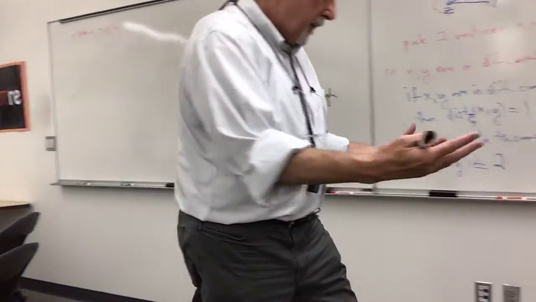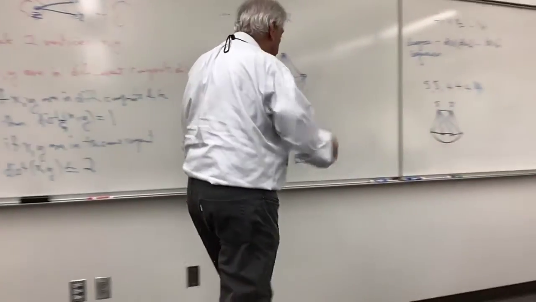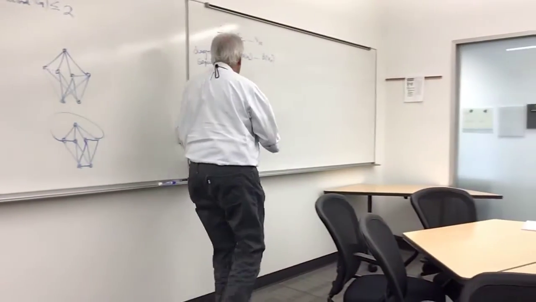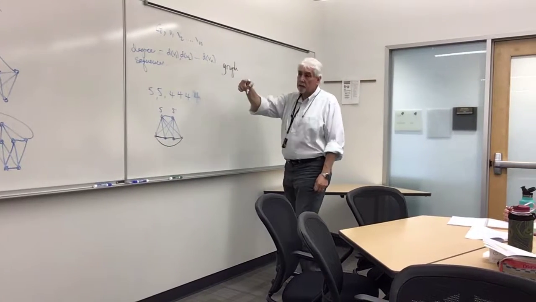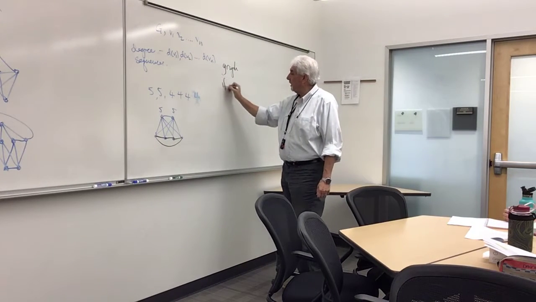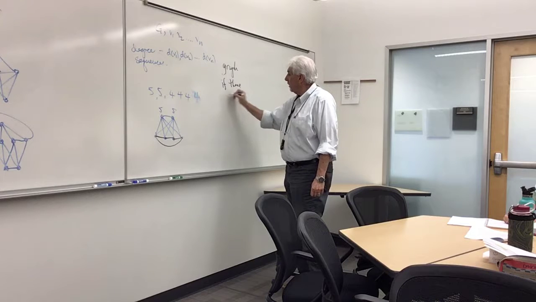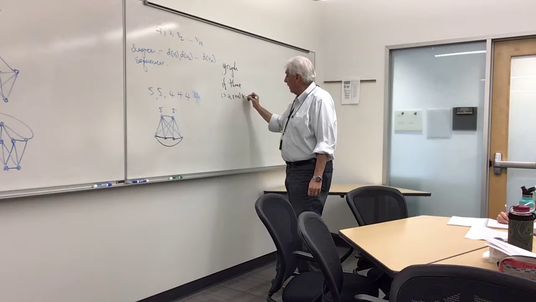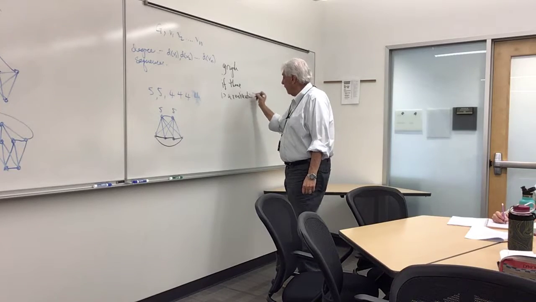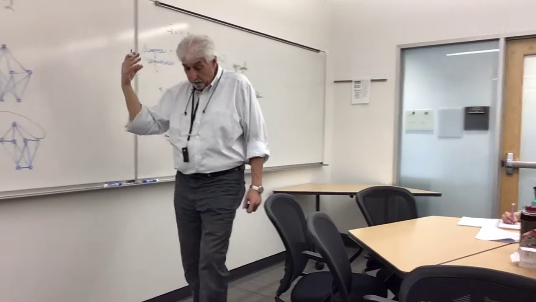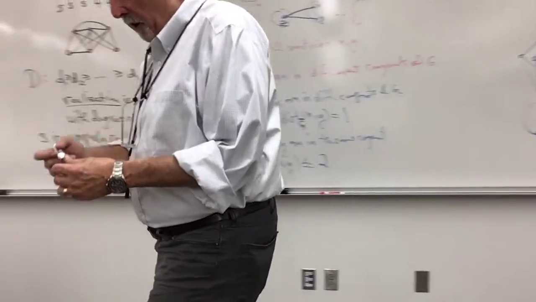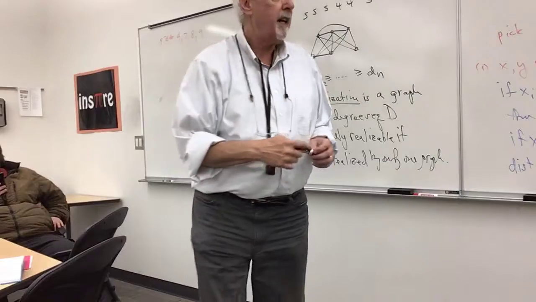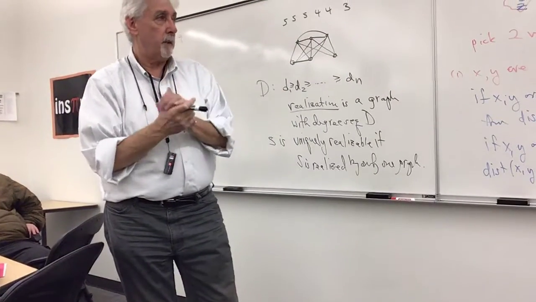Now we talk about a degree sequence as being graphic, just like I said over there, if there is a realization. So we call a sequence graphic if there's a realization, realizing those as the sequence of degrees.